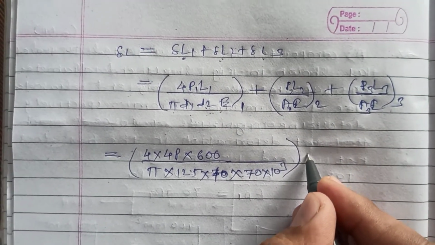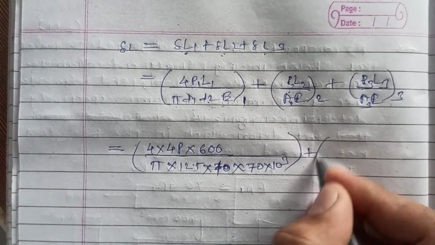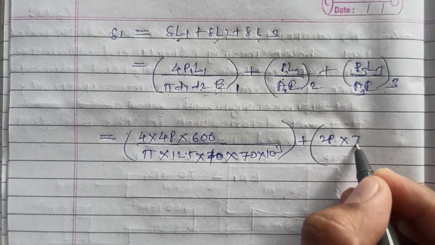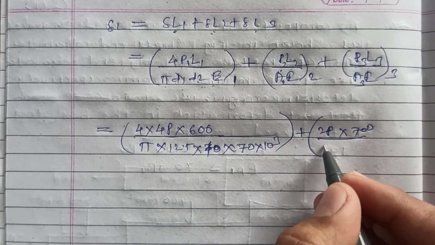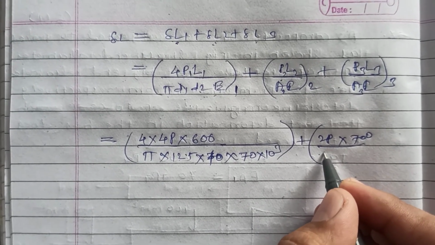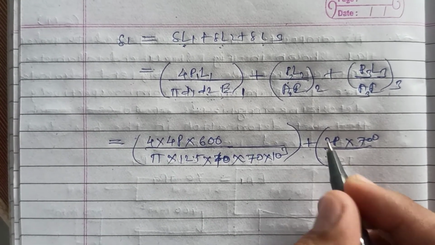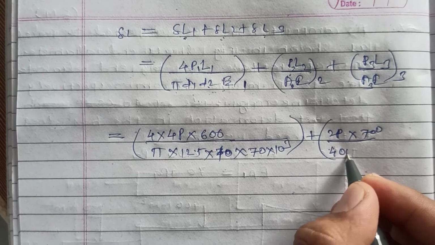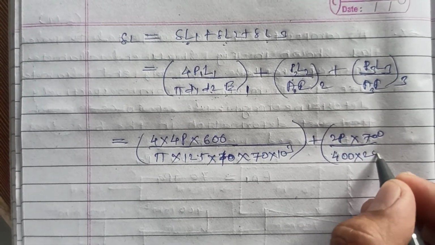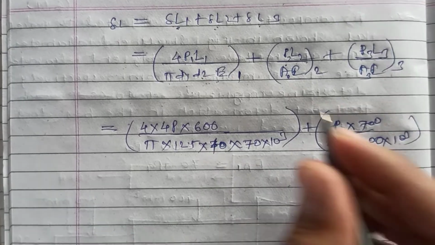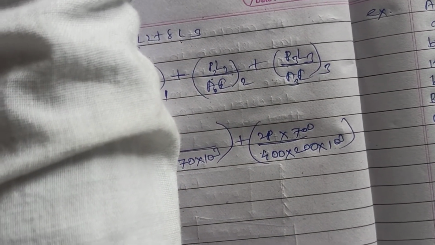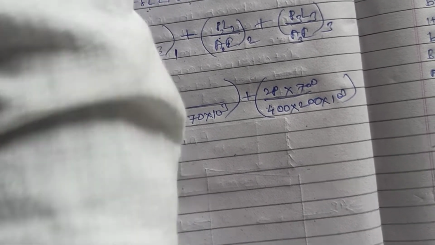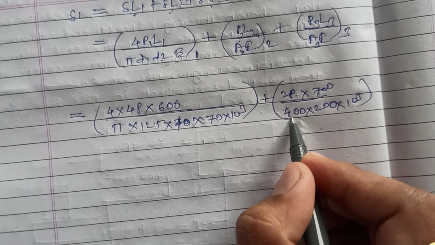Plus P2, which we have already found, is twice P into L2, which is 700, divided by A2, which we have already calculated, that is 400 into 200 into 10 raised to 3. These all values are given in the problem statement. This 400 is also given in the given data.